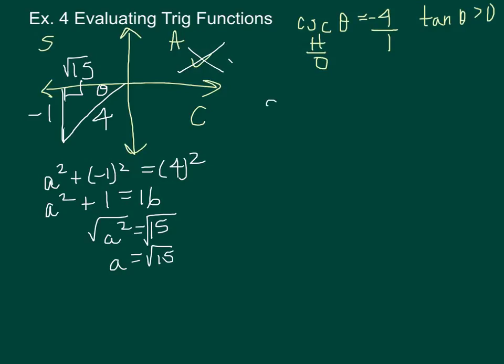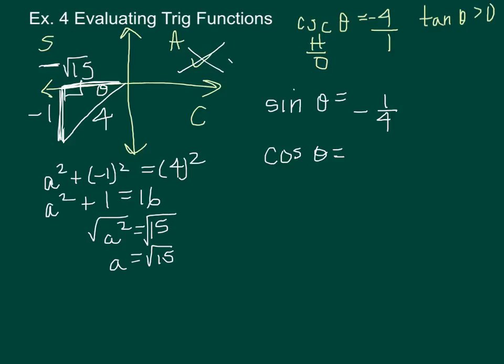Well, let's start with sine theta, which would be opposite over hypotenuse. Cosine theta. Oh, I'm sorry. Remember in this quadrant, the x and the y are negative.